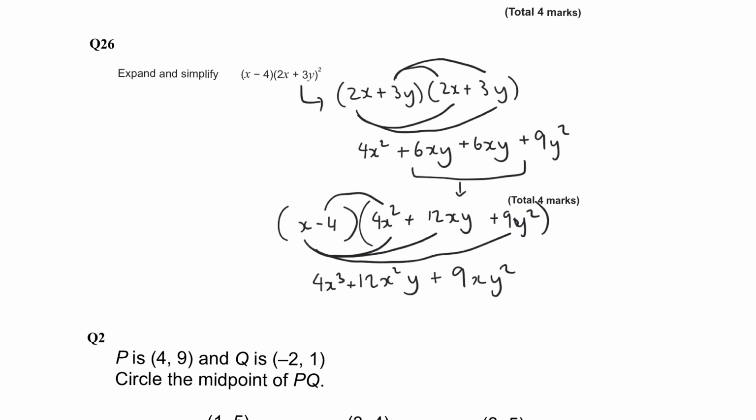Then for the minus 4, that will be minus 16x squared, and then minus 48xy, minus 36y squared. Okay, so now that I have all of that, that's basically me expanding and simplifying it out.